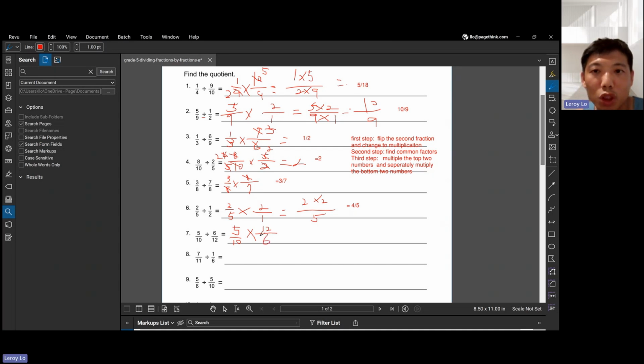Now we check if we can find common factors. 12 is 6 times 2, so the 6 cancels out, leaving 2. Then 5 times 2 equals 10, so we can cancel that with the bottom 10, which gives us 1 for this answer.